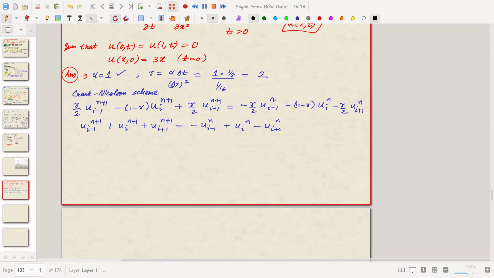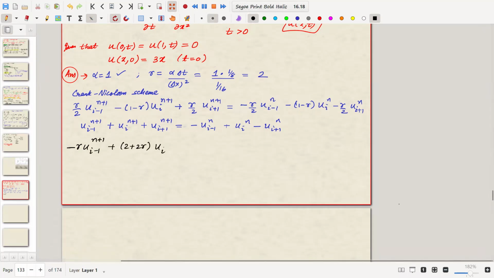We will get something like this in terms of u: minus r times u(i-1, n+1), plus 2r times u(i, n+1), minus r times u(i+1, n+1) is equal to, can you check this carefully? You check whatever I'm writing is correct. Is it correct?